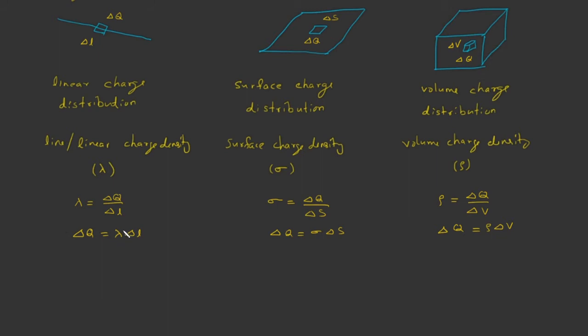In reverse, we can take delta Q equal to lambda into delta L, delta Q equal to sigma into delta S, and for volume charge distribution delta Q equal to rho delta V. That is, if we know the charge densities, then we can calculate the charge in that small element. If we consider this small element to be very small, that is, when delta L tends to 0, this can be taken as dl.